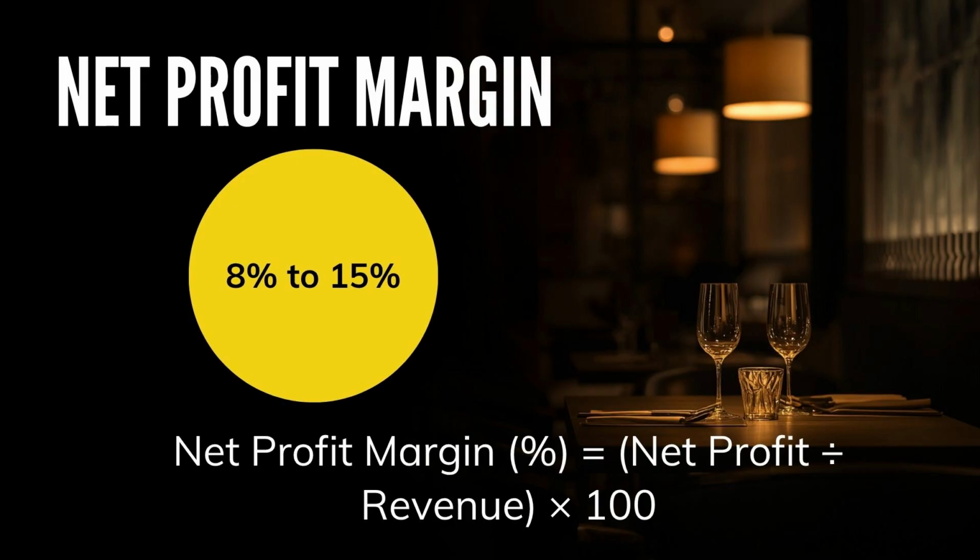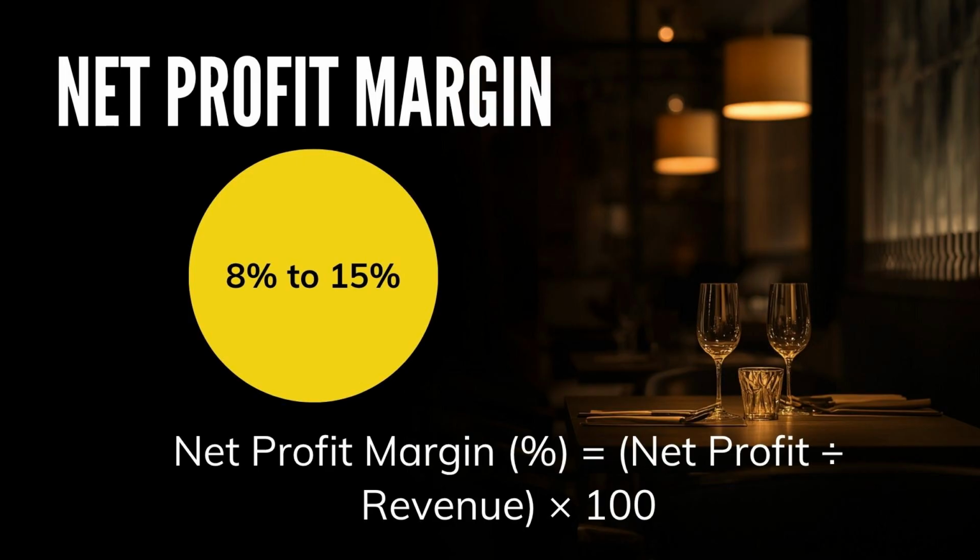Net profit margin is what ultimately matters most. This measures the percentage of revenue that remains as profit after all expenses have been paid. A healthy restaurant often achieves between 8% and 15%.